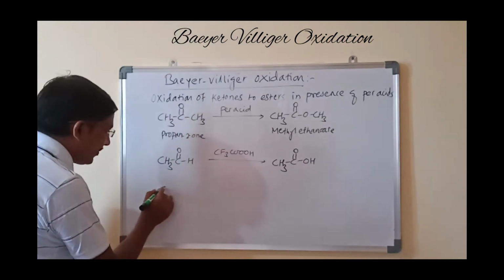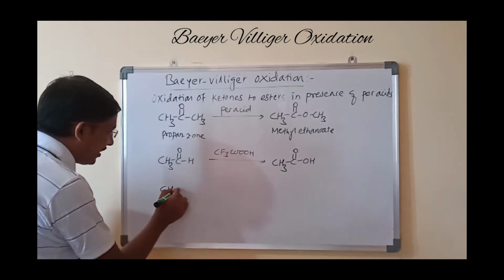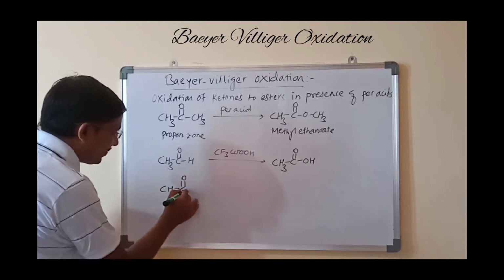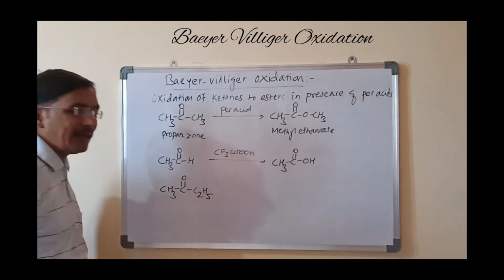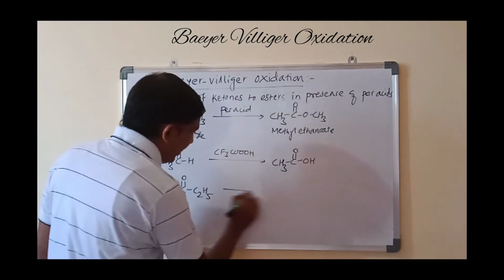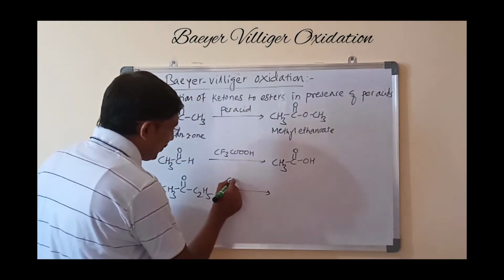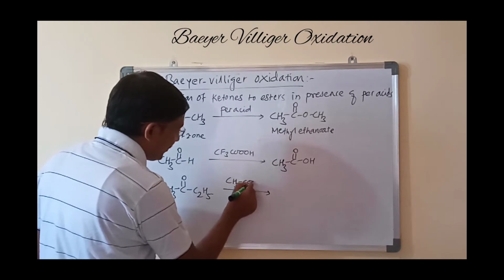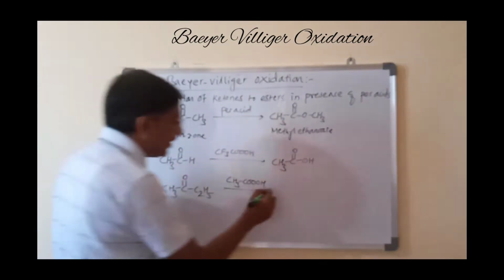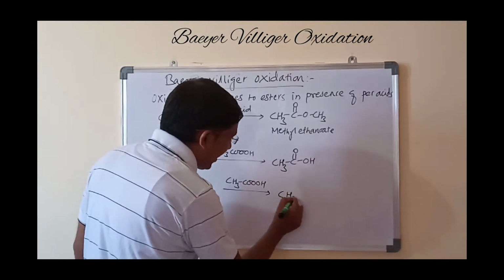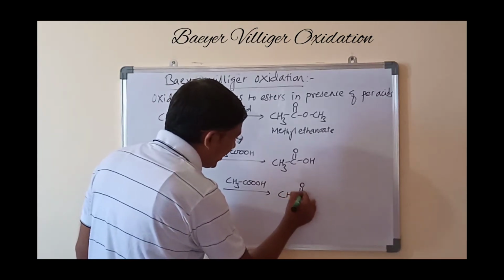In case of ketones, if we take an unsymmetrical ketone, CH3COC2H5, that is ethyl methyl ketone, in presence of peracetic acid, one of the oxygen is inserted in between the carbonyl carbon and the more electron donating group.